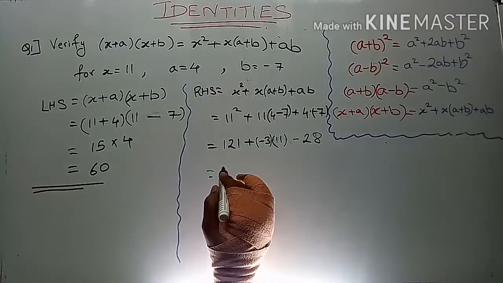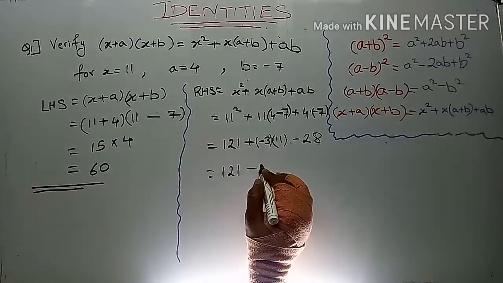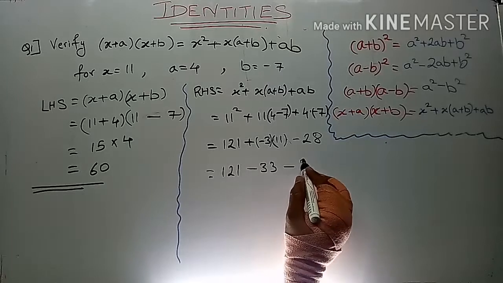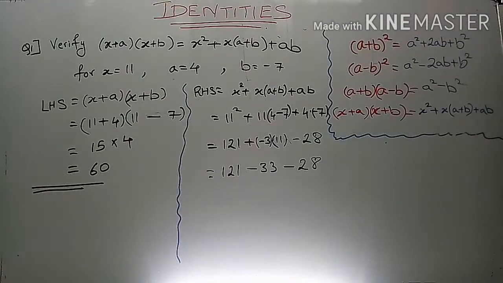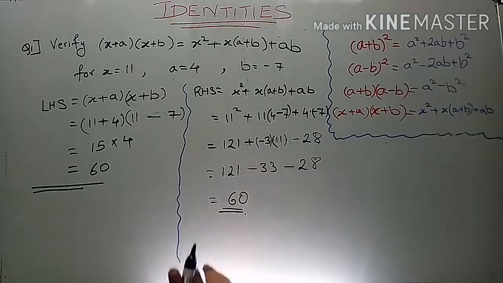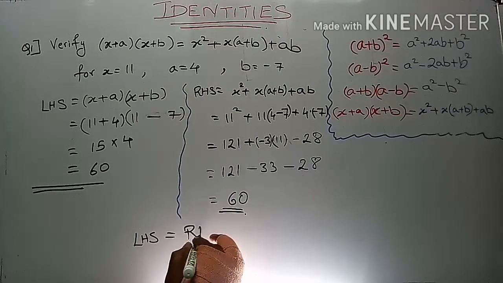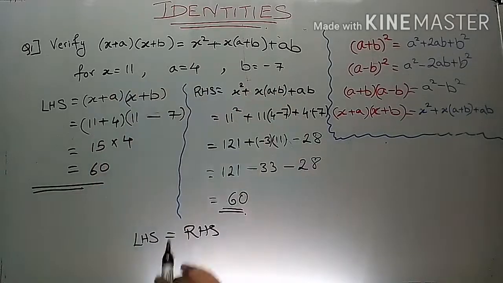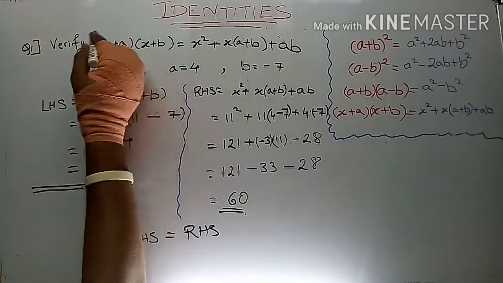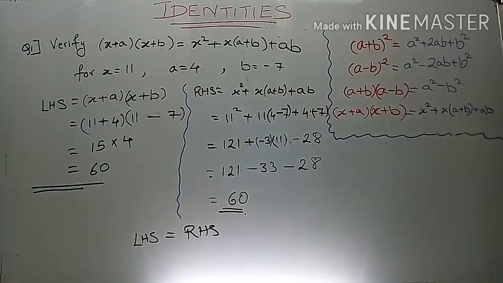Therefore 121, -3 into plus 11 is -33, -28. When you add this all together, it comes to 60. Hence LHS is equal to RHS when I am substituting these values. Therefore it is verified for x is equal to 11, a is equal to 4 and b is equal to -7.